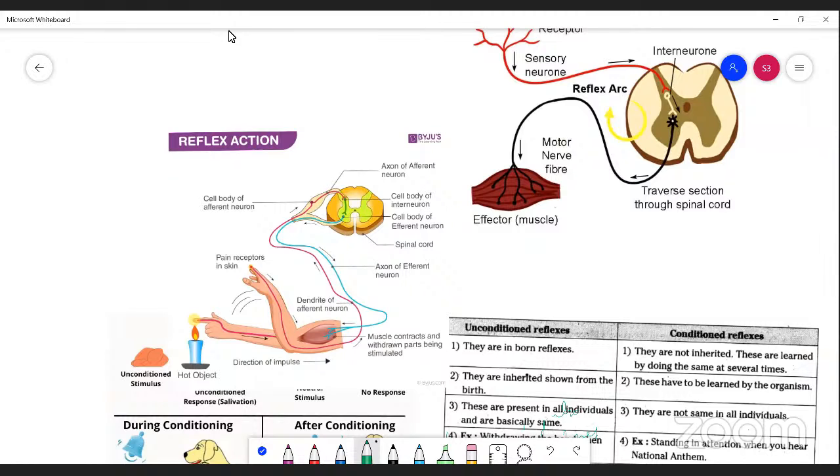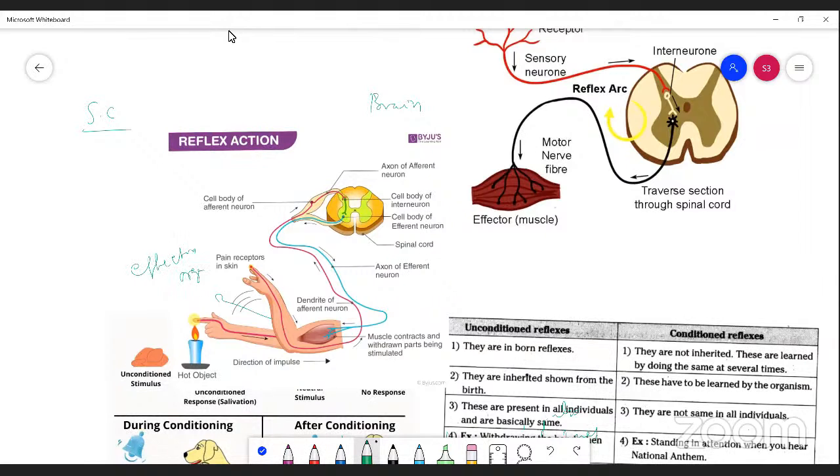The spinal cord only connects the nervous structure between the brain and the effector organs, giving the connection between them.